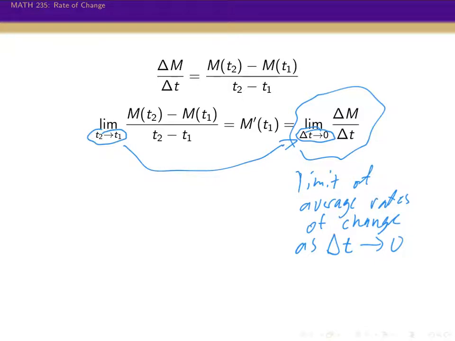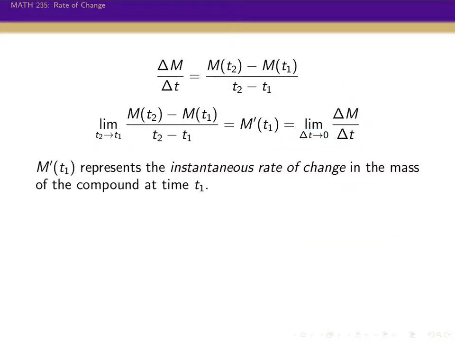And so this gets the name instantaneous rate of change. So m prime of t1 represents what we call the instantaneous rate of change in the mass of the compound at t1. It is the rate things are changing just at that point. It is not an average. It is what's happening exactly at that point.